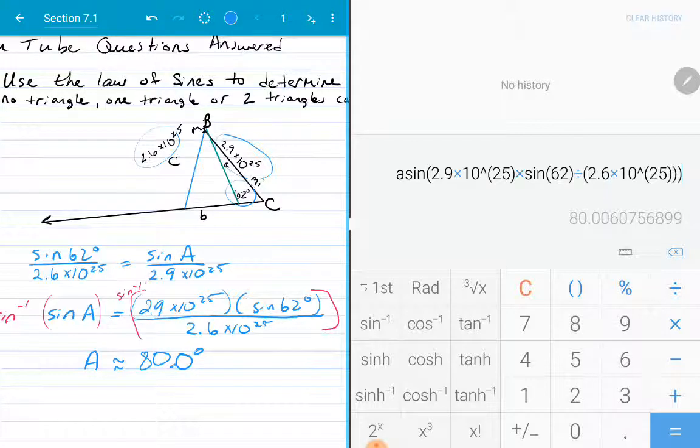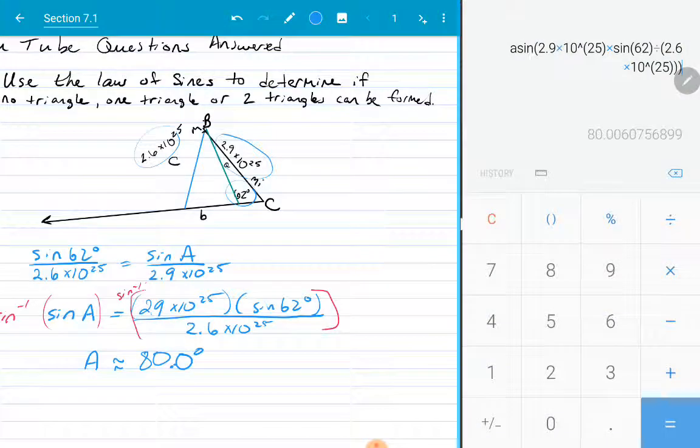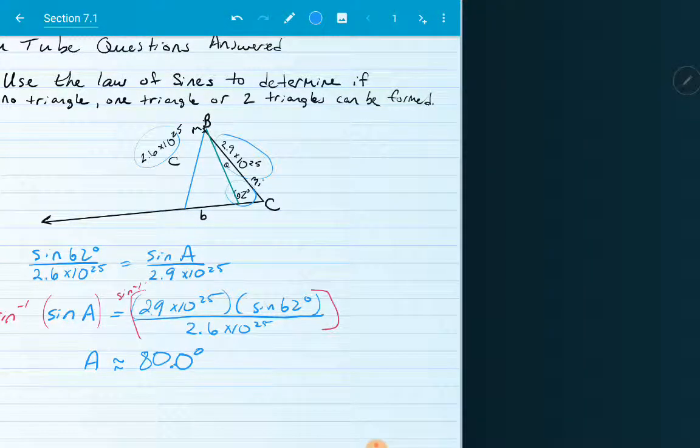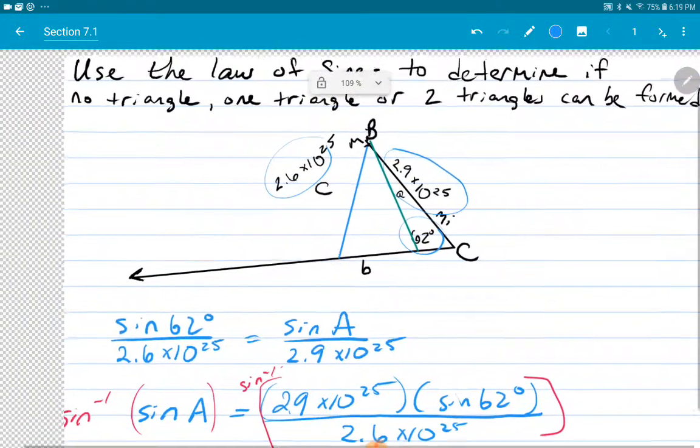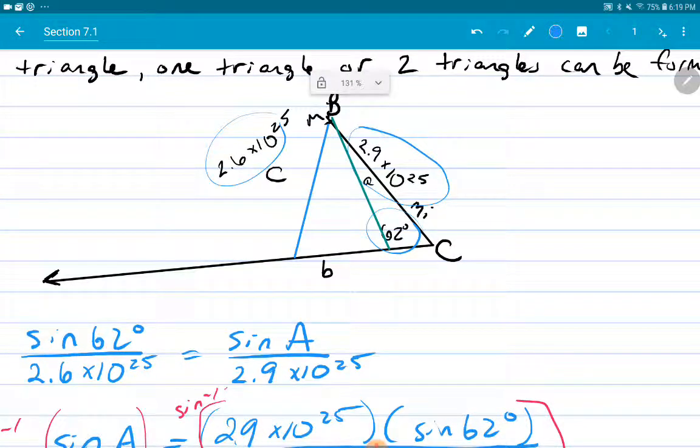So let's see. Make this a little bigger so I can write in here. So I might have this 80-degree angle, or I might have its supplement, which would be 180 minus 80. So this might be, oh, that doesn't look like a 100-degree angle, does it?